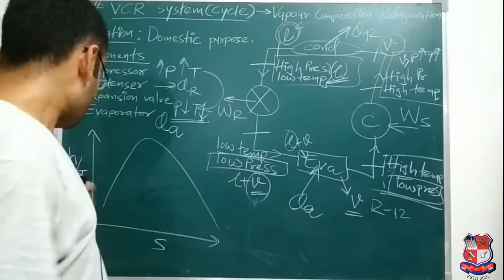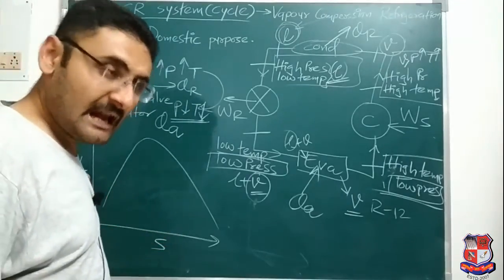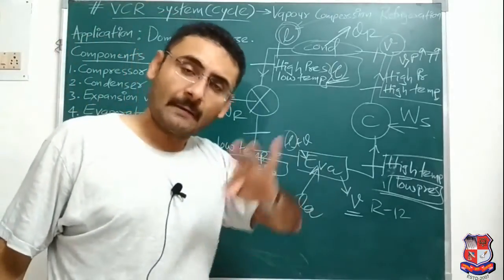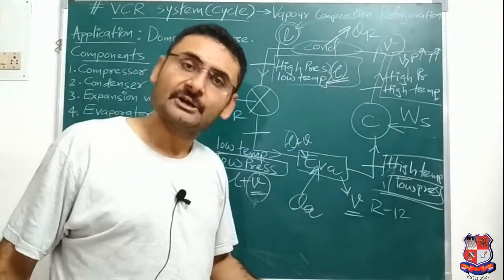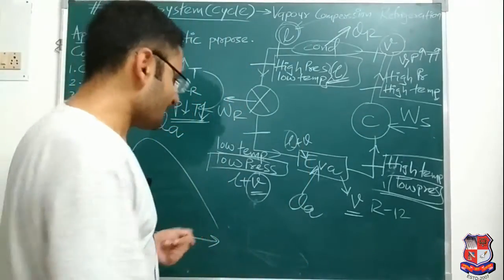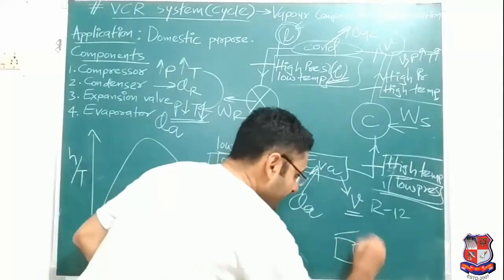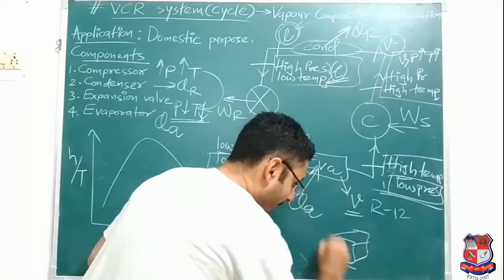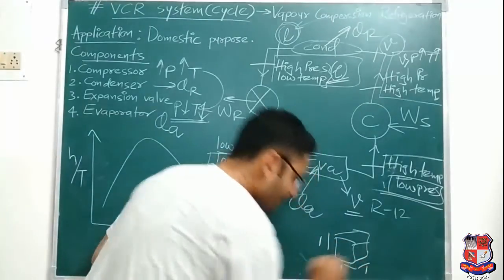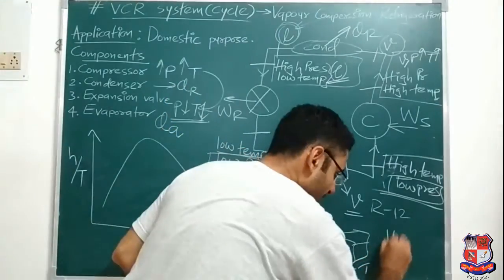Now over here, what does enthalpy mean? Enthalpy is the amount of heat which is rejected by the complete combustion of a unit mass. As for example, supposing over here I take one wooden block whose length is 1, height is 1 and width is 1. So its mass will be unit mass, 1 kg.